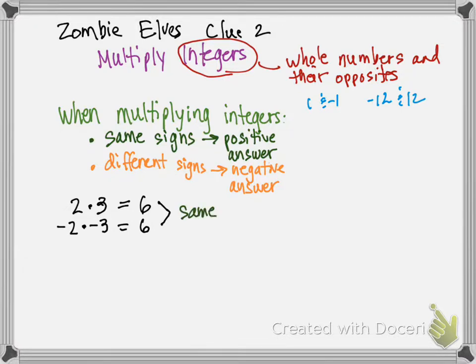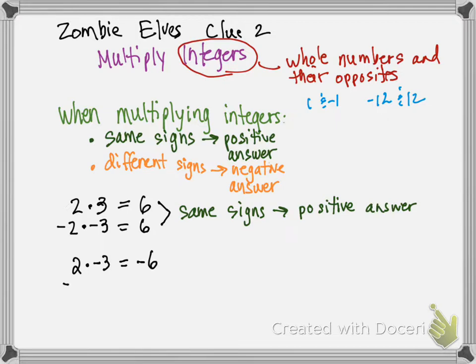Both integers have to have the same signs. They both have to be positive, or they both have to be negative, and that's where the positive answer comes from. You're still just going to multiply 2 times 3. And then, if we have 2 times negative 3, we have one sign that's positive and one that's negative, so we're going to get a negative answer.